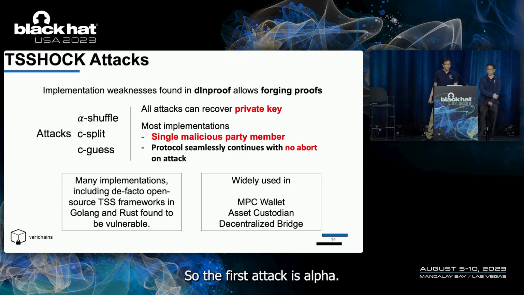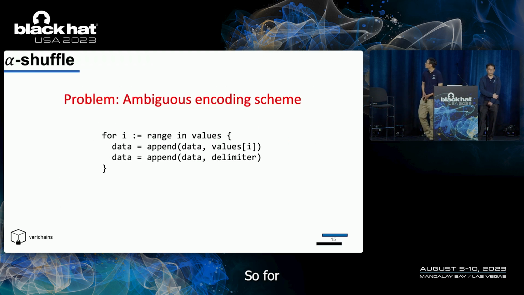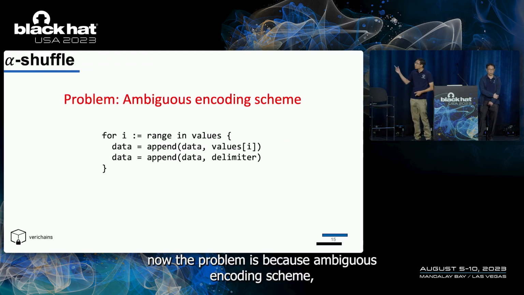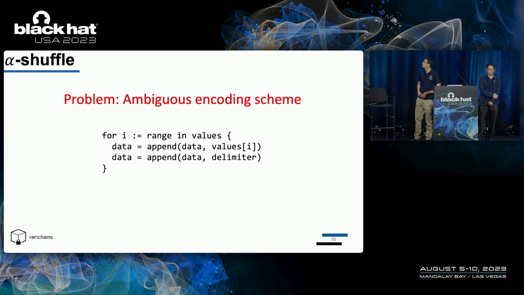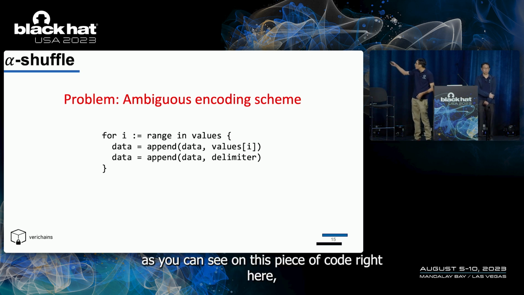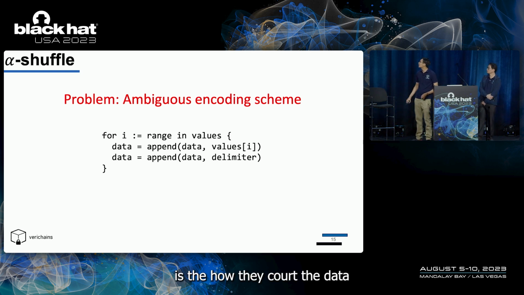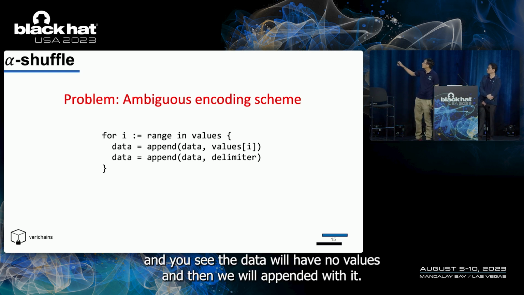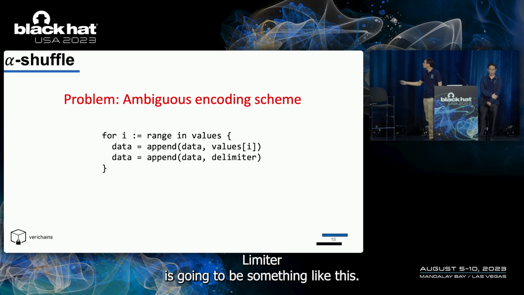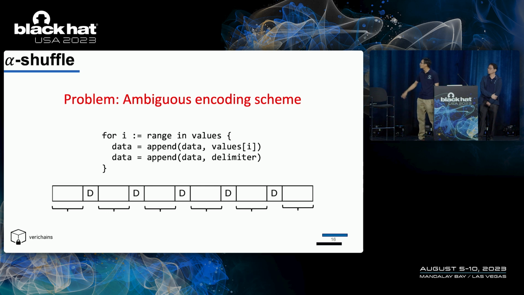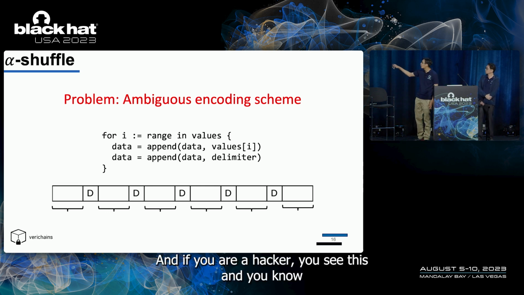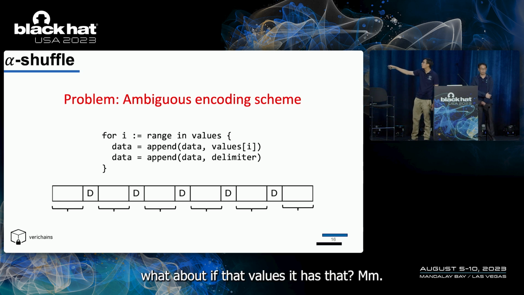So the first attack is alpha shuffle. Now the problem is an ambiguous encoding scheme. As you can see on this piece of code right here, this is how they encode the data. You see the data will have the values, and then we will append it with the delimiter. It's going to be something like this. And if you're a hacker, you see this and you know, oh, what if that value has the delimiter?